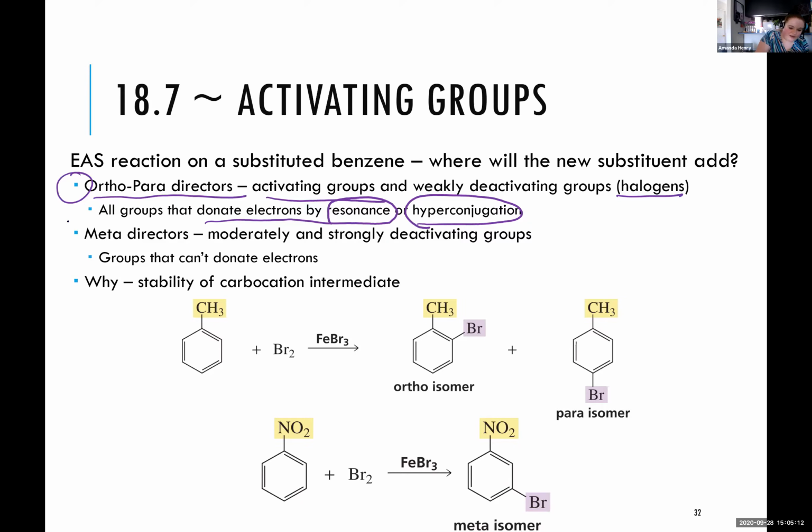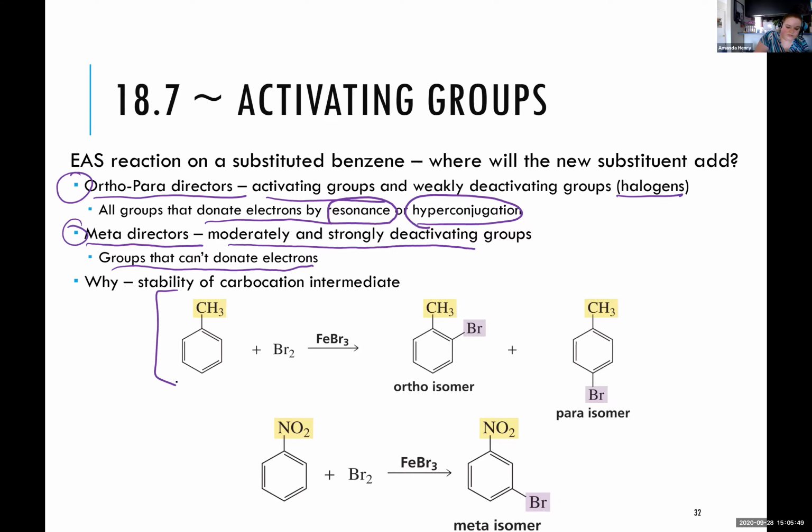Our meta directors are all of our moderate and strong deactivators, and really the one thing that they all have in common is they can't donate electrons. We can't say that everything that withdraws electrons falls into this category because the halogens are kind of the weird gray area. So really we're deciding, can they donate electrons or can't they donate electrons? And that's where we're making that divider line. The example on the bottom is showing us what we end up with.